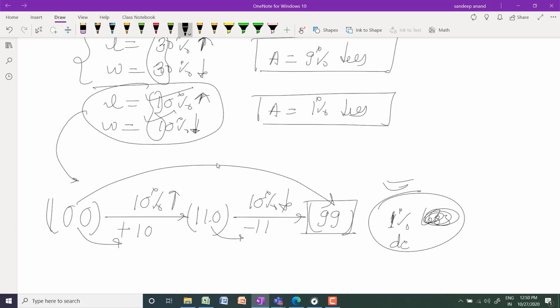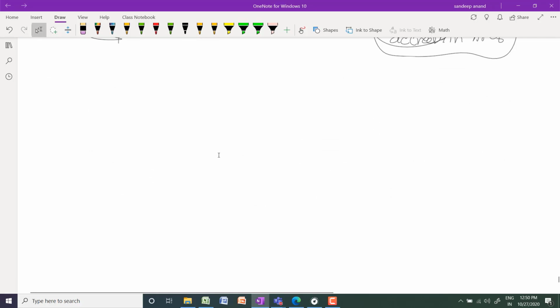Since this is not a question of profit and loss, it is a 1% decrease in area. Clear? Okay, now solve this question.